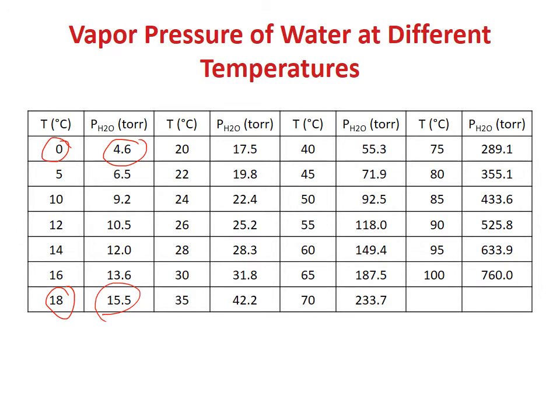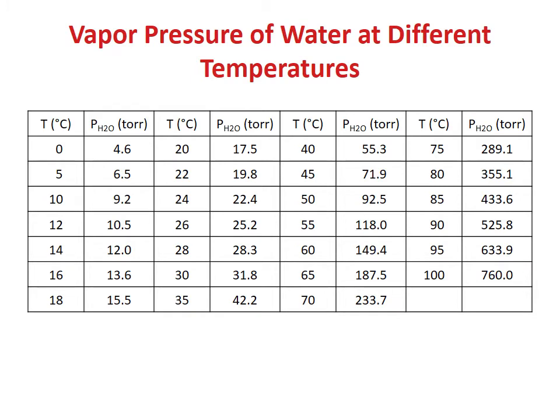When temperature goes to 70 degrees, vapor pressure becomes 233.7 torr. When temperature goes to 100 degrees, the vapor pressure of water becomes 760, which equals the atmospheric pressure, and that's when water starts to boil.